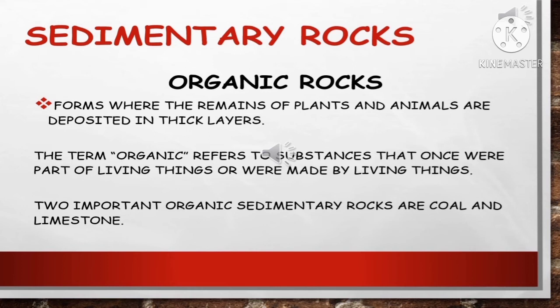So the term organic refers to substances that once were part of living things or were made by living things. The two important organic sedimentary rocks are coal and limestone. So kung mapapansin nyo, itong mga organic rock ay mga bato na pwedeng gawa sa remains or fossilized living organisms. Or pwede rin meron silang kasama lang nitong living things na to.